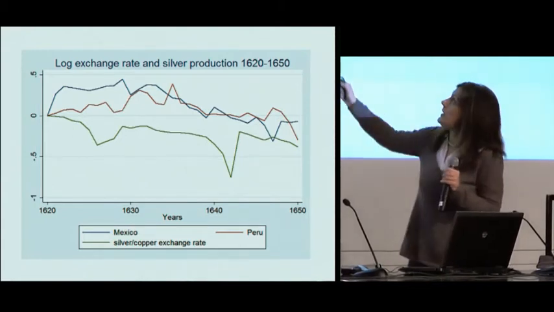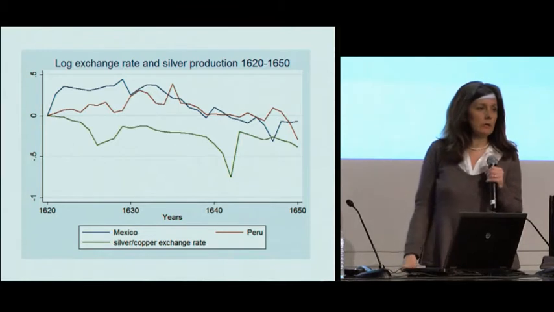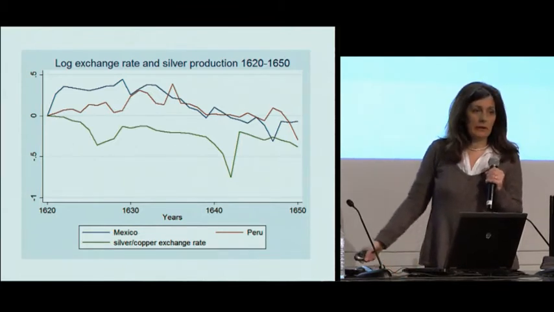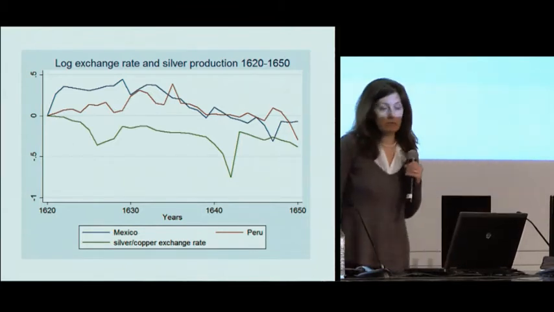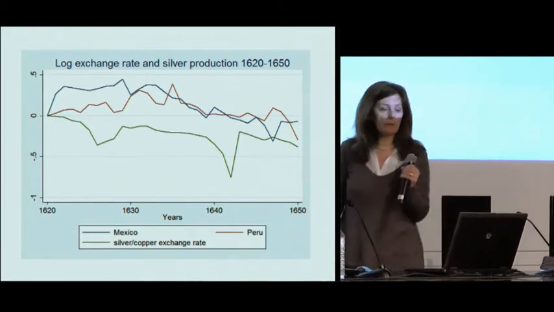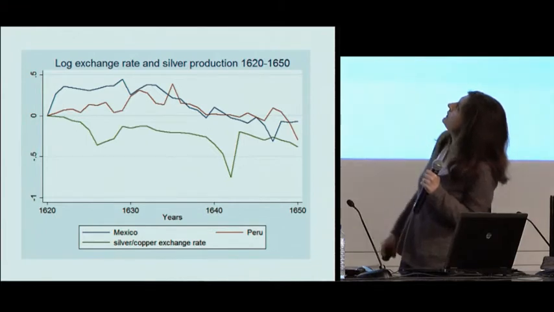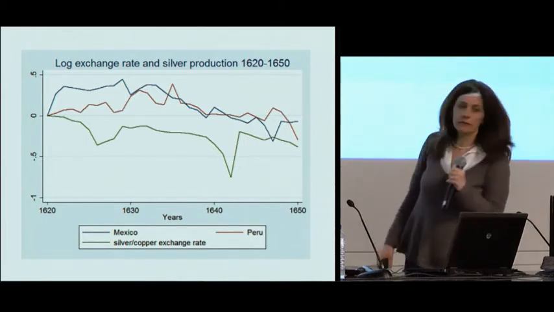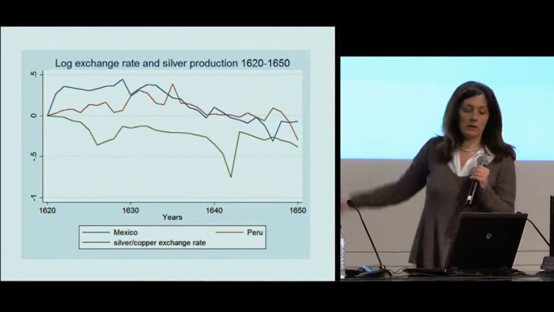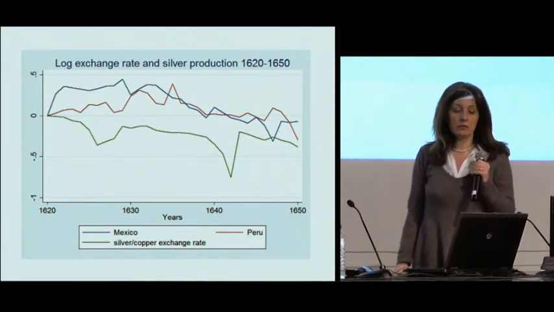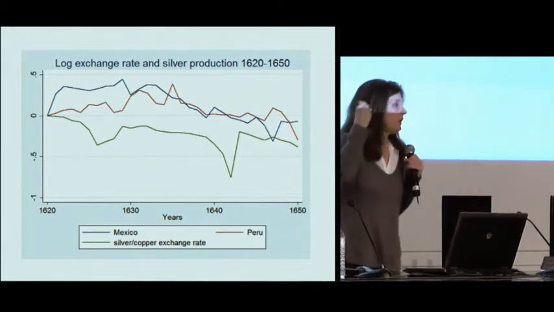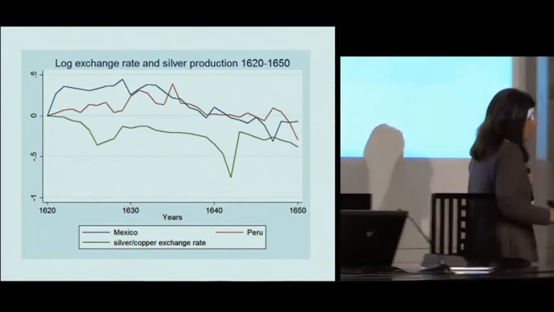I have carried out a co-integration test, and it worked out positively in terms of the Mexican silver production and the exchange rate. I mean, this is visible from this diagram.